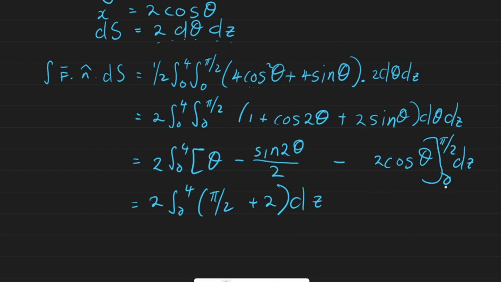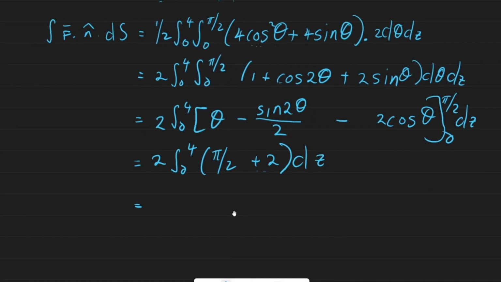Of course, the cos of 0 is 1, so we have 2 times 1, and a minus and a minus gives us a plus, so that's where the 2 comes from. So integrating this, what we're left with is 4 pi plus 16.